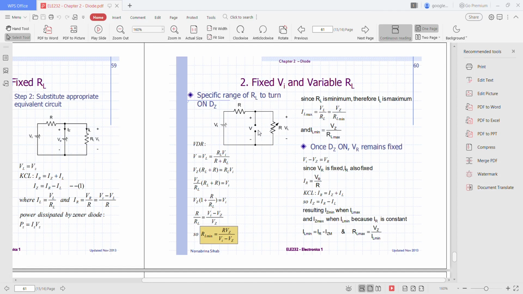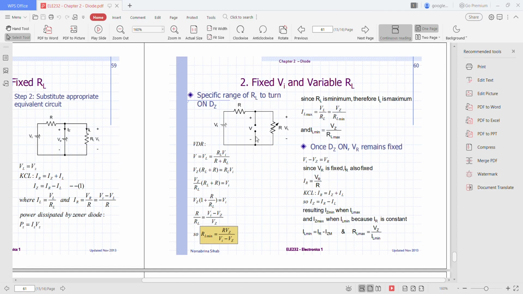Too small a load resistance RL will result in a voltage VL across the load resistor less than Vz, and the Zener device will be in the off state.